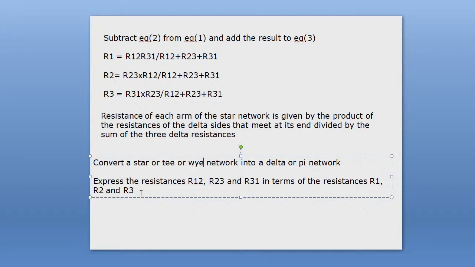In this case, what you will do? You multiply equation 1, 2, 3. Previous three equation we will use to derive the expression of R12, R23, R31 in terms of R1, R2 and R3.